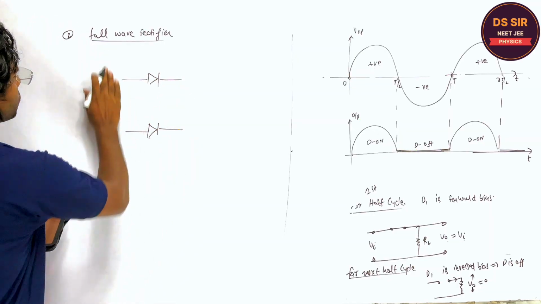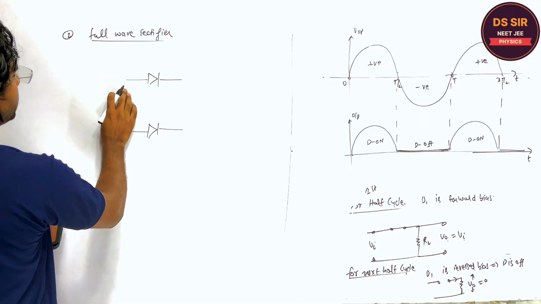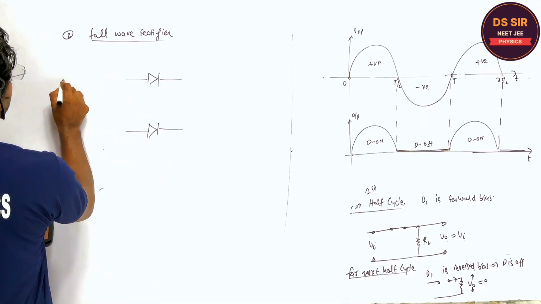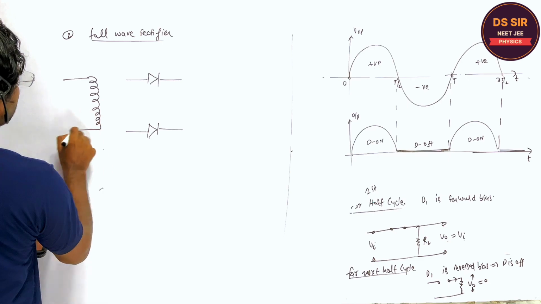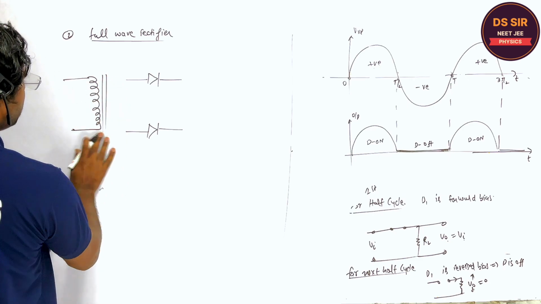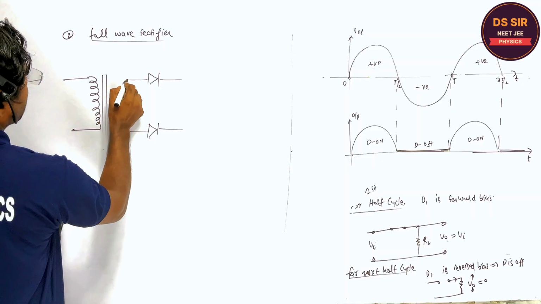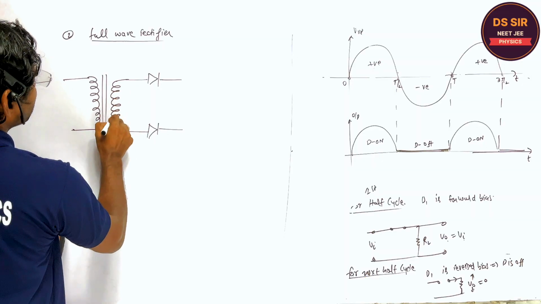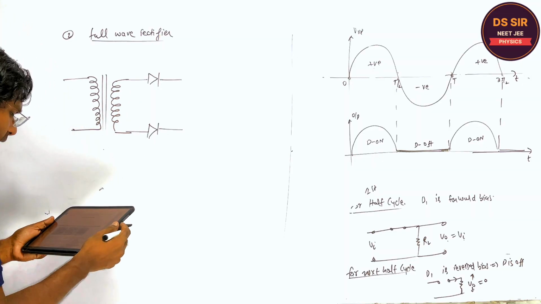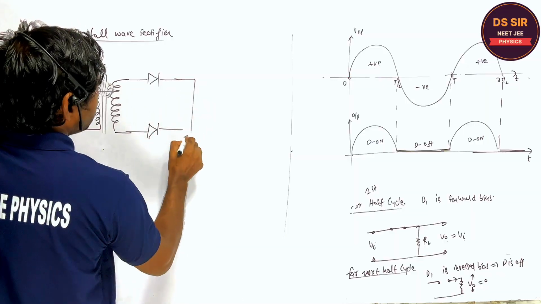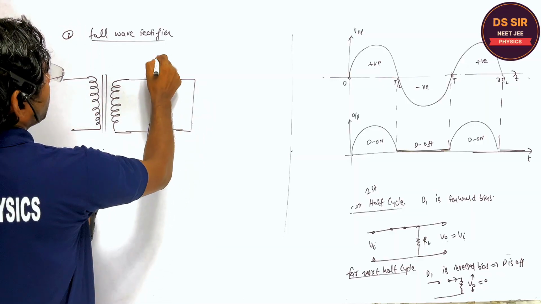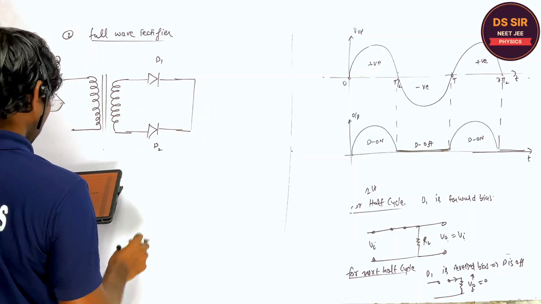right? There are two diodes and this is connected to the center tap transformer. This is the input or the primary coil of the transformer. These two lines represent the core of the transformer, and this is the secondary coil of the transformer. So listen, this is the diode D1 and this is D2, right?